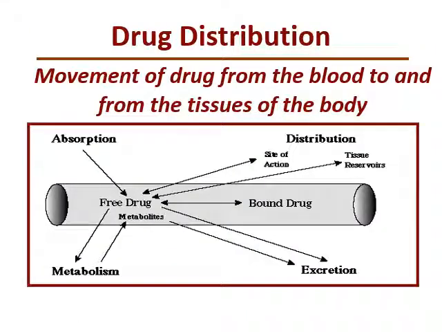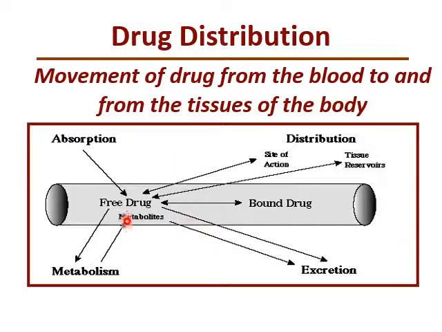So the blood obviously carries the drug through capillaries, through the vasculature. And that's our point of reference in terms of drug distribution. So we're going to be always referring to these capillaries. And you see that drug can come out to the site of action.